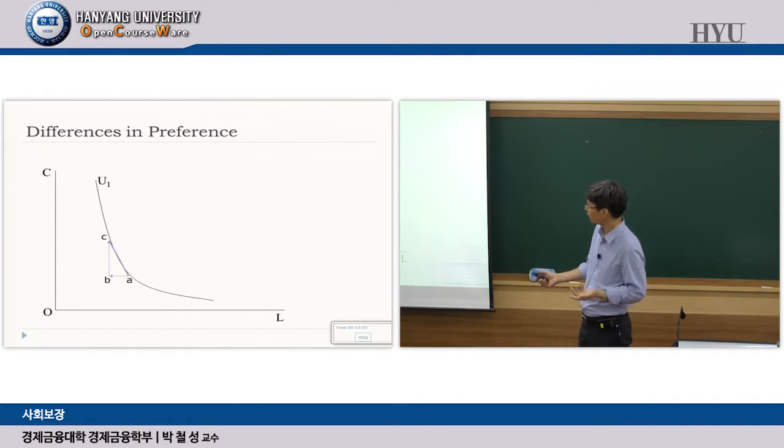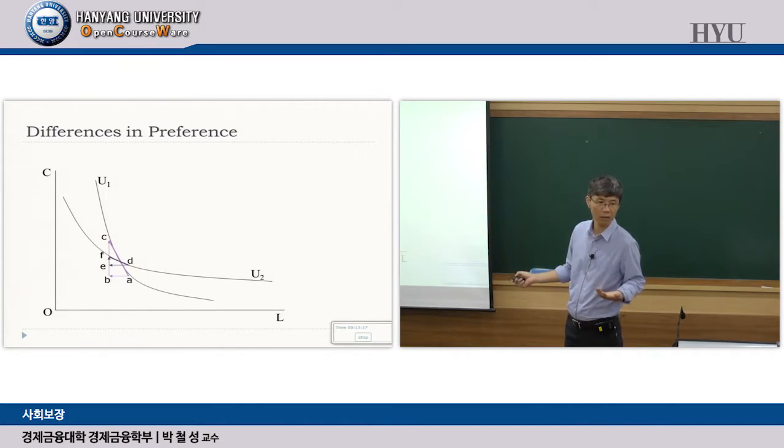Now, if we compare it to U2, the second person, we can do the same exercise. For example, we take away this person's leisure by TE, let's say the same as AB, so 1 hour. Then this person wants more consumption to be equally happy. That amount is just EF. So who wants higher compensation? Person 1.